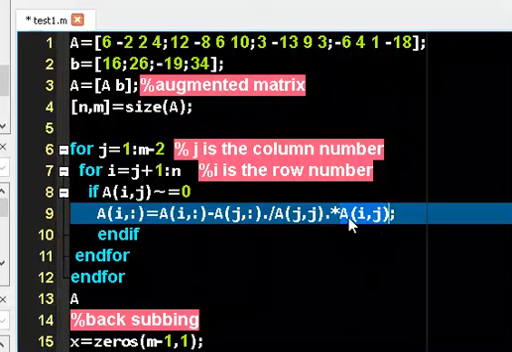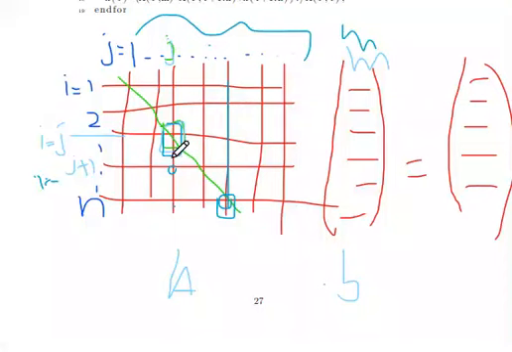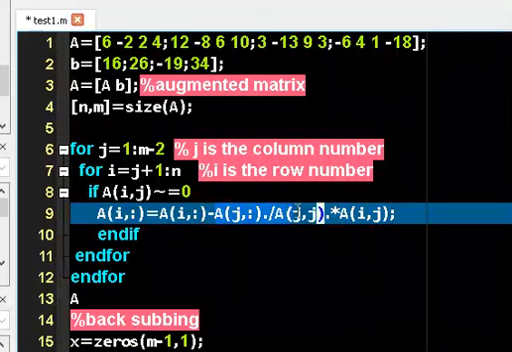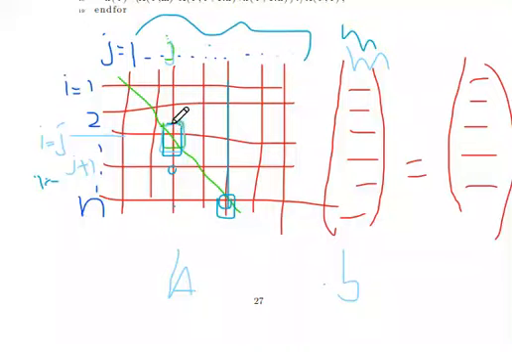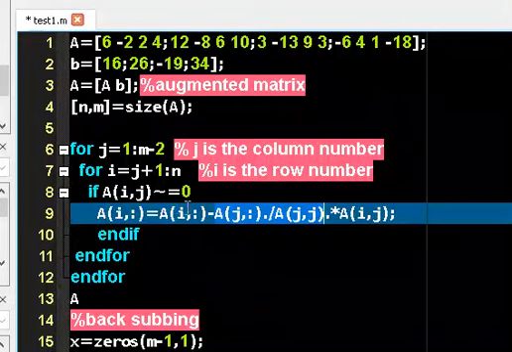So you multiply the jth row, which has this element equal to 1, by the negative of this value.